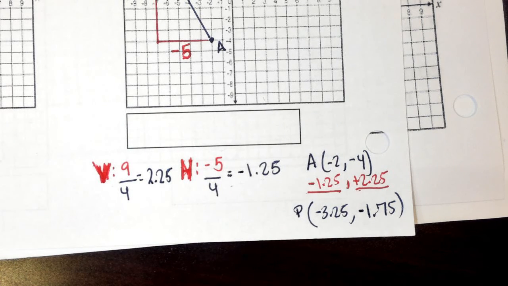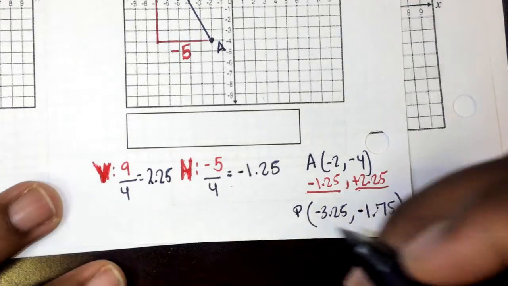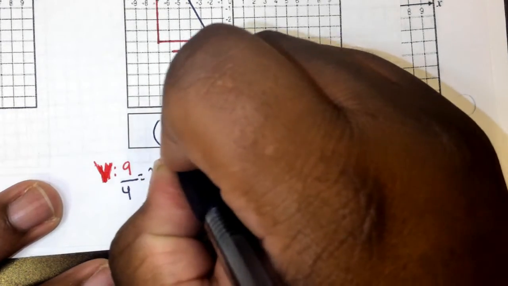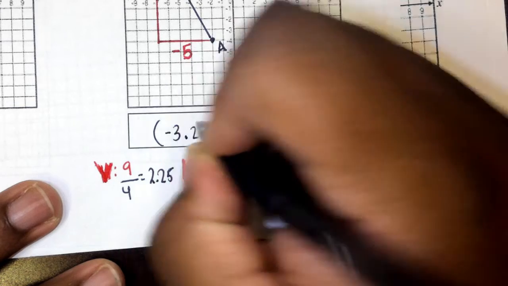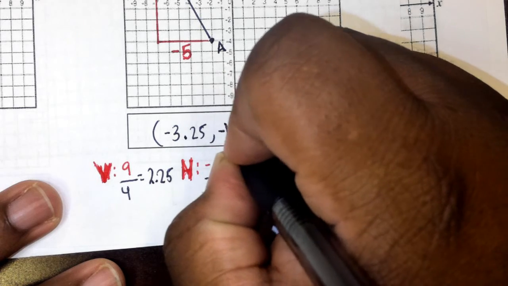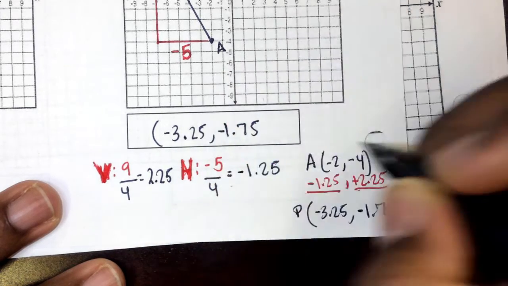Definitely is a 2. Yeah, that's all good. So honestly, that's our answer right there. We just put it up here in the box: -3.25, comma, -1.75. Now we could try to graph that if we wanted to.